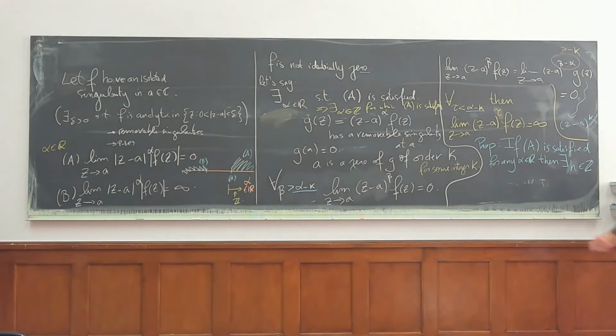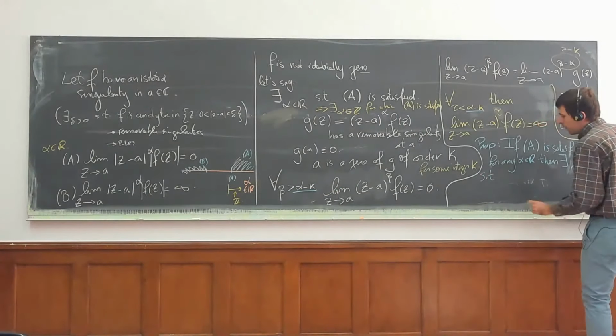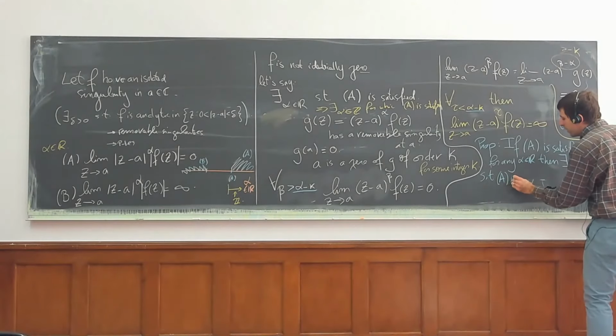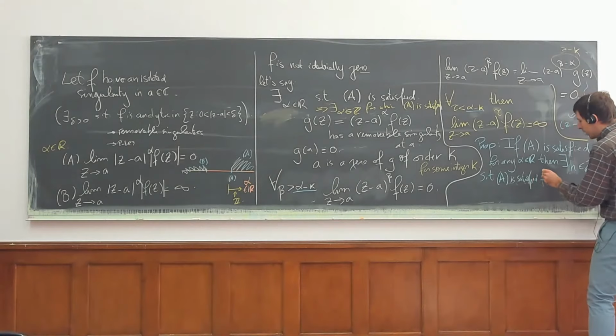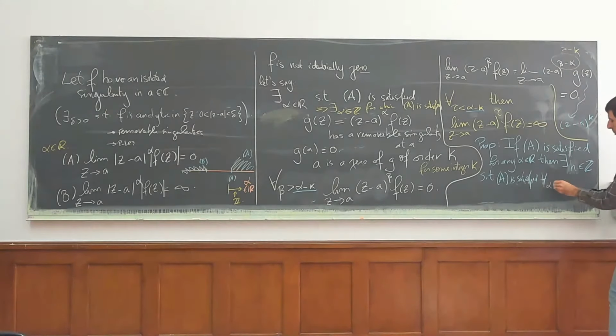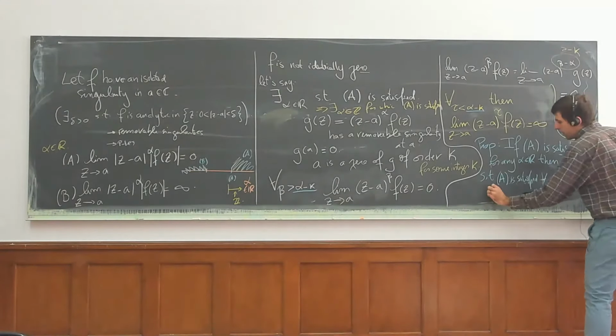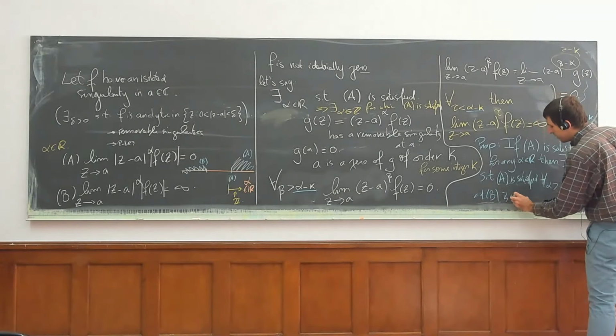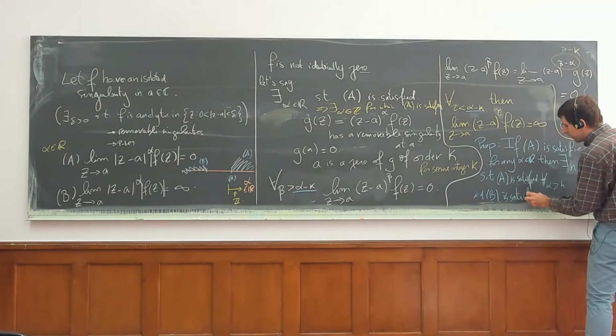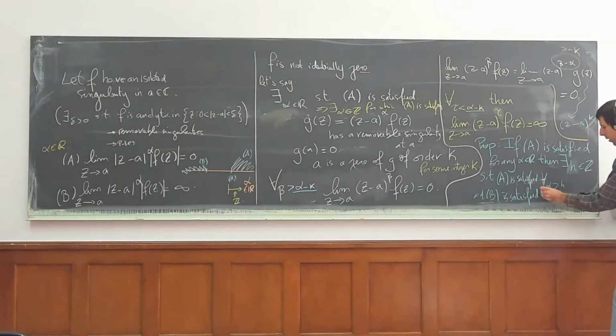There is an integer such that a is satisfied for all alpha bigger than h, and b is satisfied for all beta smaller than h. And crucially, h is an integer.